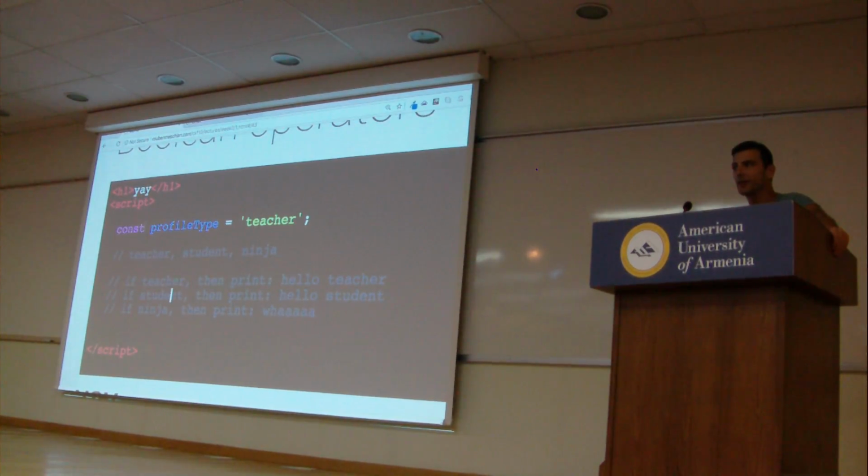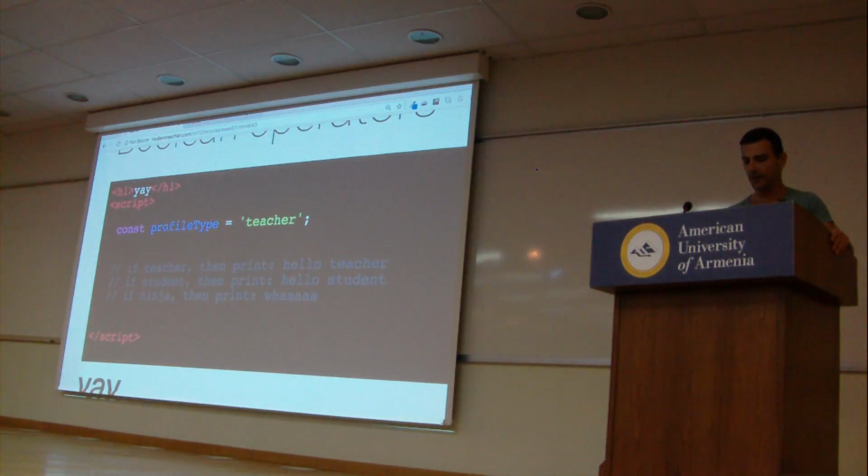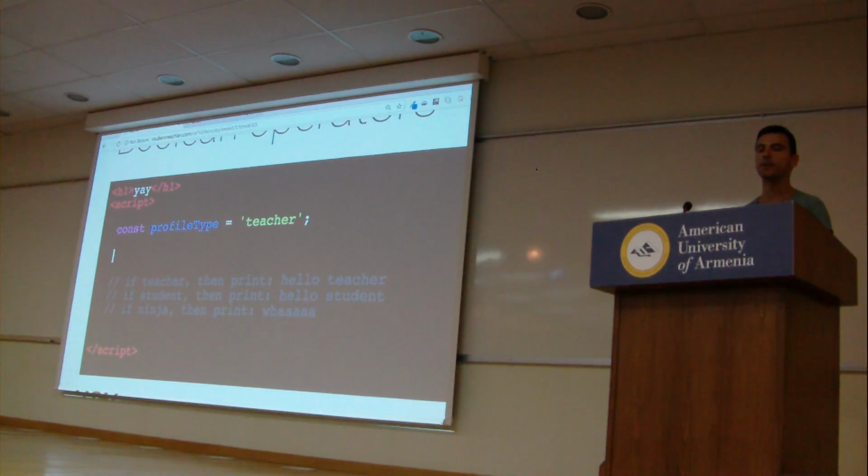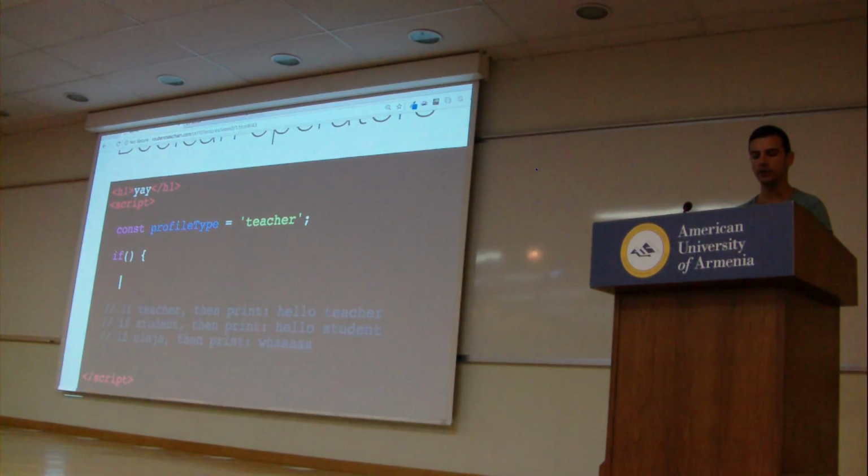Now can I start writing code? Okay, good. All right, so let's translate it. If teacher, so if profile type is equal to teacher, if. I open and close parentheses, I have a start and end to my if block. You always just do this right off the bat to make sure that everything's okay. Then in here you write your condition.